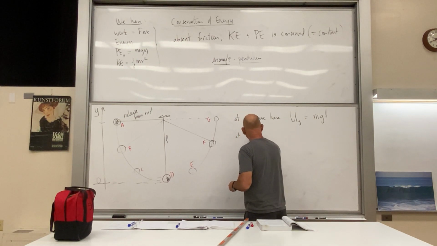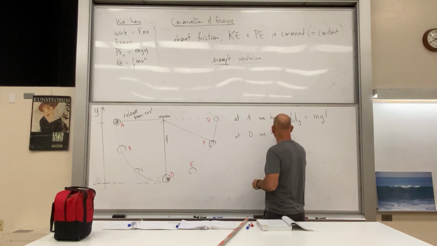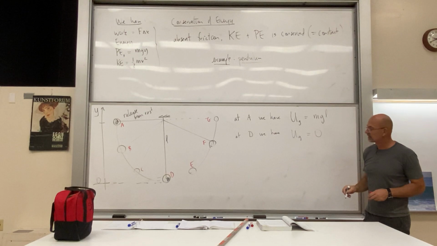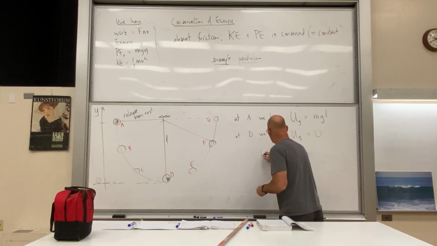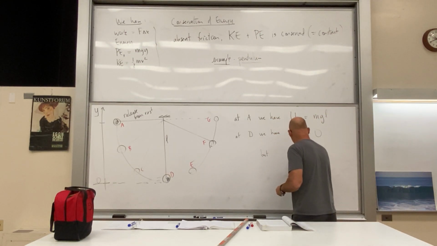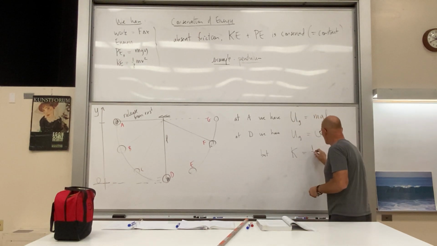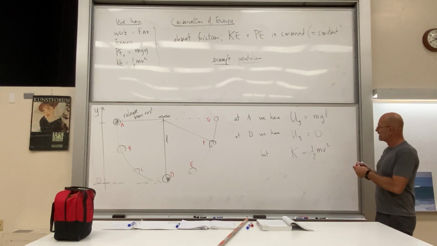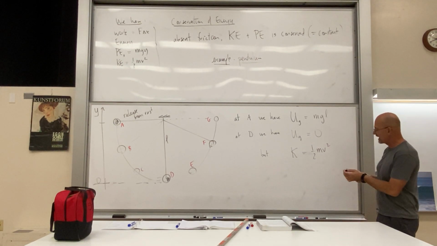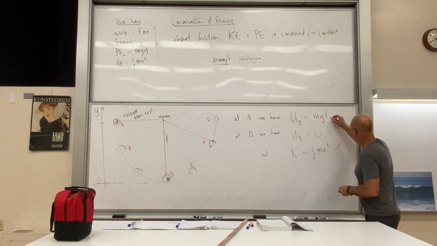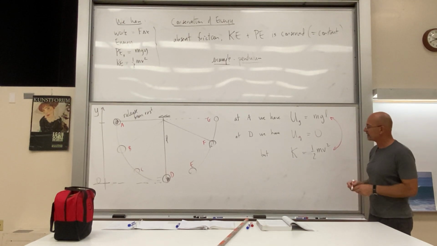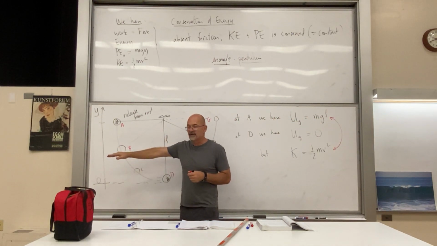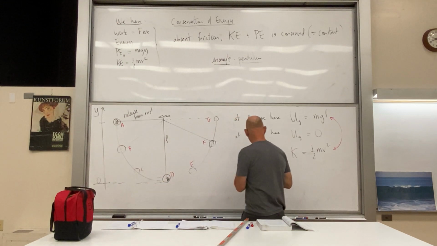Okay. At D, we have potential energy equals 0, but kinetic energy equals 1/2 mv squared. And these two are equal. At any place in between, we have a combination of potential energy and kinetic energy.